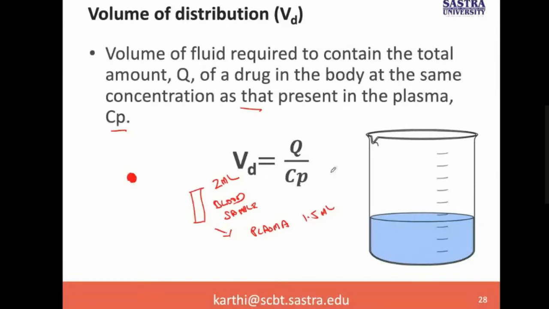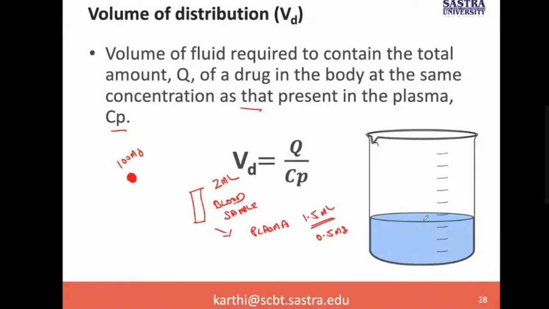You measure the concentration of the drug in this 1.5 ml. Say you had taken 100 mg of the drug, and 0.5 mg of the drug is present in the 1.5 ml of plasma.